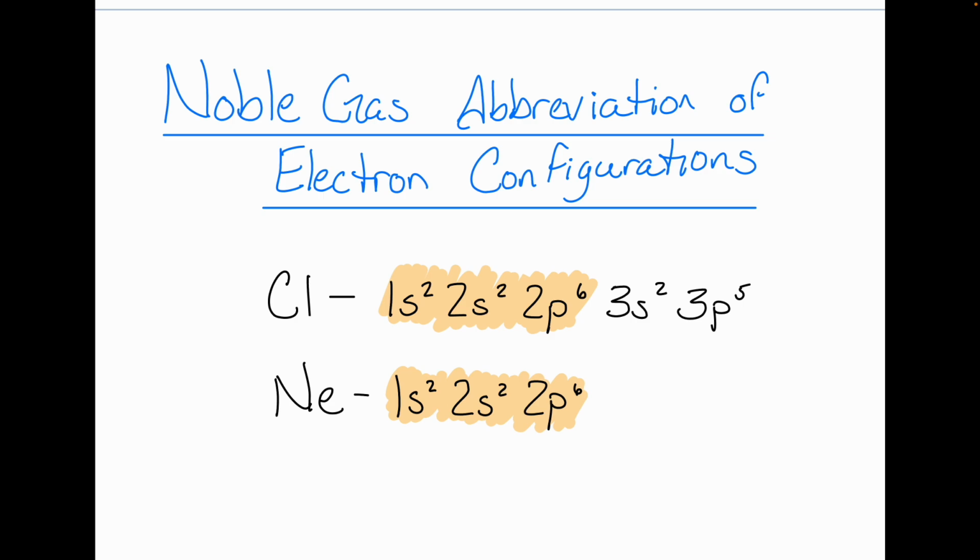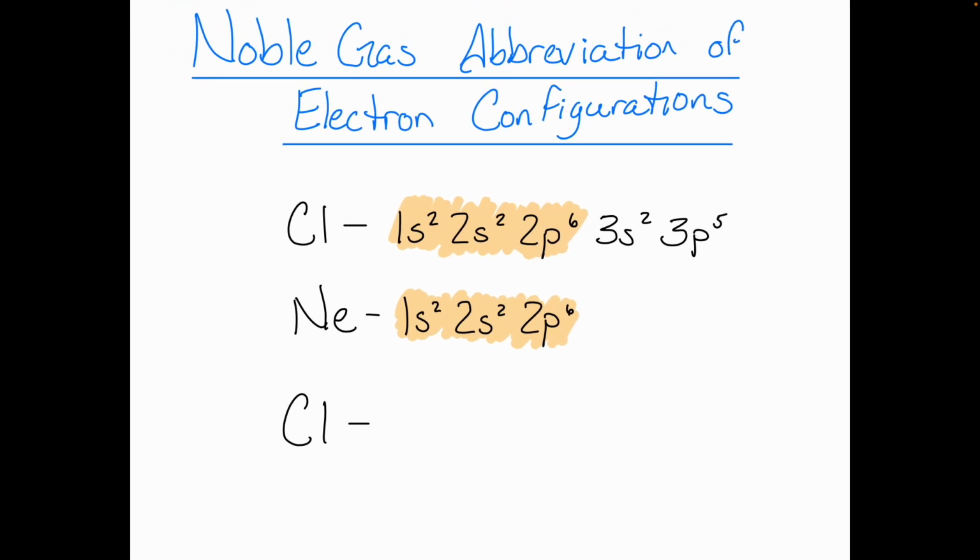So we can summarize chlorine's electron configuration with what we call the noble gas abbreviation, where we say, all right, chlorine's electron configuration is whatever neon's is, plus that extra bit at the end there, the 3s2, 3p5. Okay?